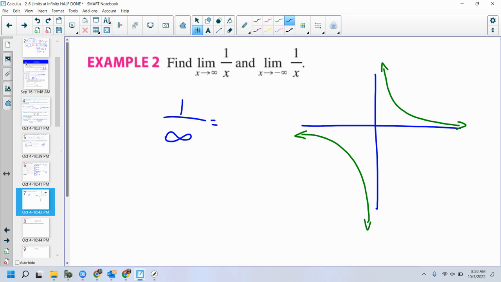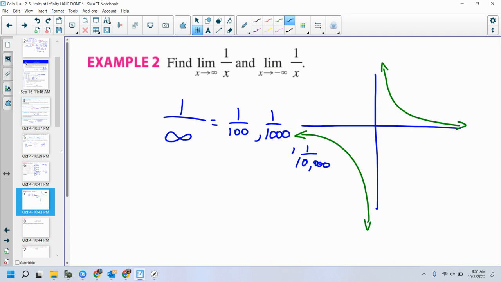So it might be easier to put a stopping point on it and say, what if I just make that number bigger? Like our old method of plug and chug. Okay, so 1 over 100. Pretty small number, right? What if I increase that? 1 over 1,000. What if I increase that? 1 over 10,000. What's happening to that number?